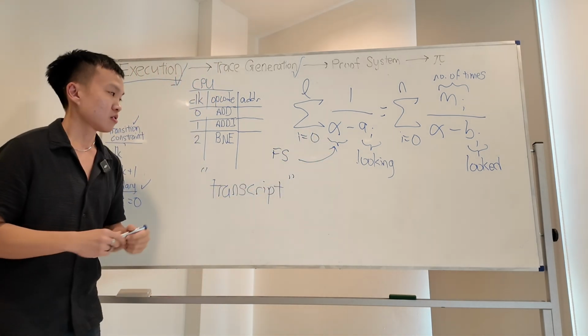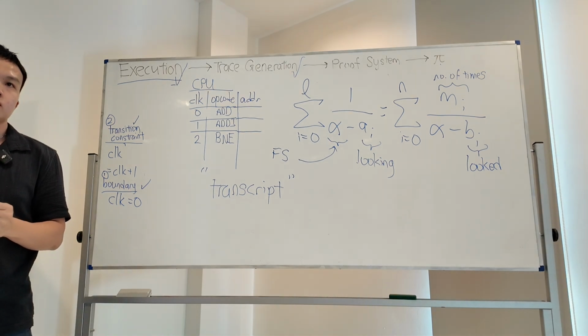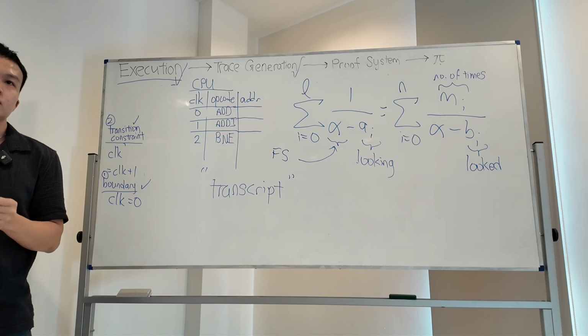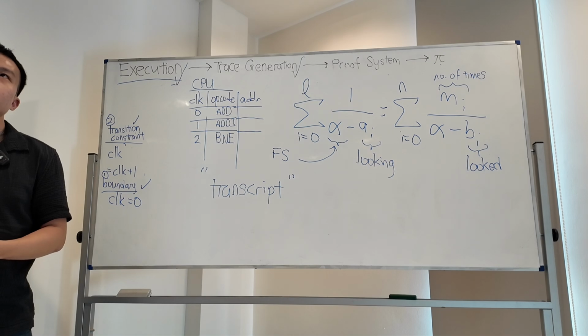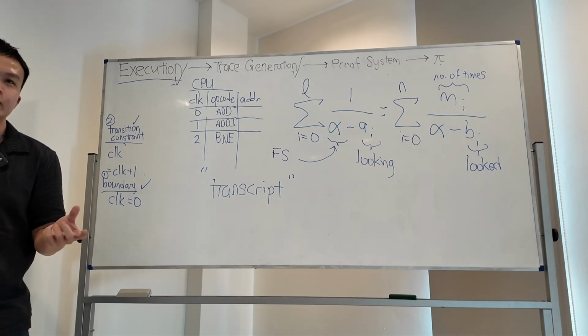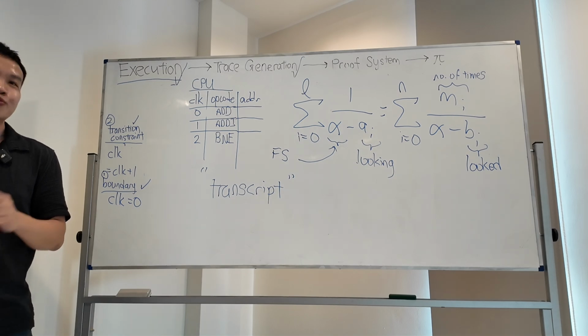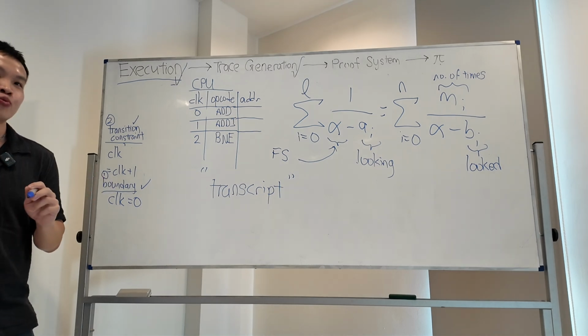Okay, I have a question. Does the squeezing process also happen on the verifier side? Yeah, both sides will have to do the same thing. And how many times will they squeeze? It depends on the length of this trace, on what you need to track, because that depends on what your transcript is.